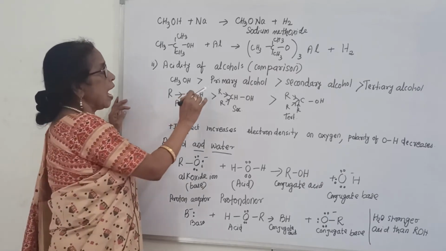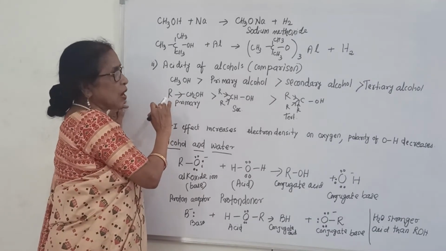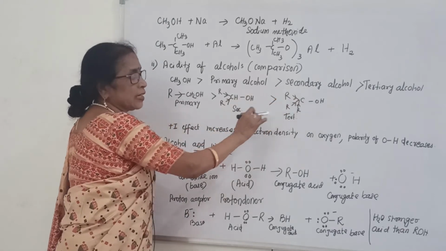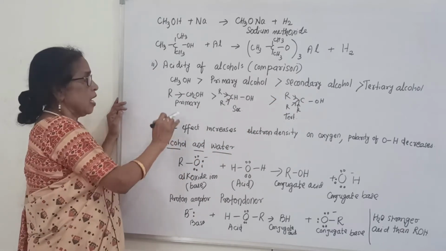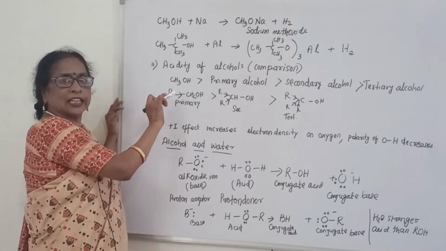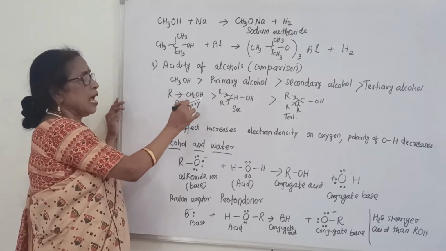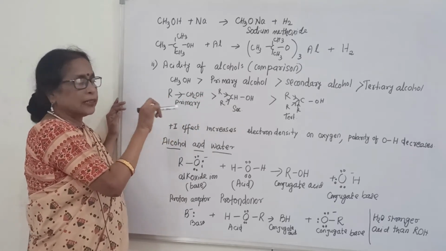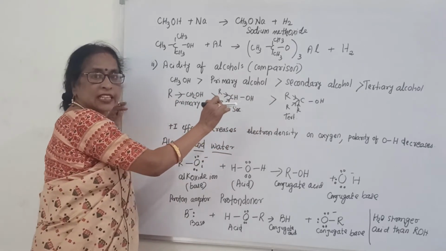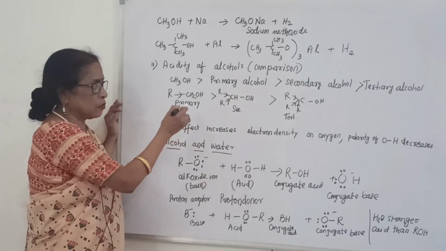Primary alcohol has one alkyl group, secondary has 2 alkyl groups, and tertiary has 3 alkyl groups. One alkyl group releases electrons towards this carbon, 2 alkyl groups release more, and 3 electron releasing alkyl groups release even more. The plus I effect increases one by one.